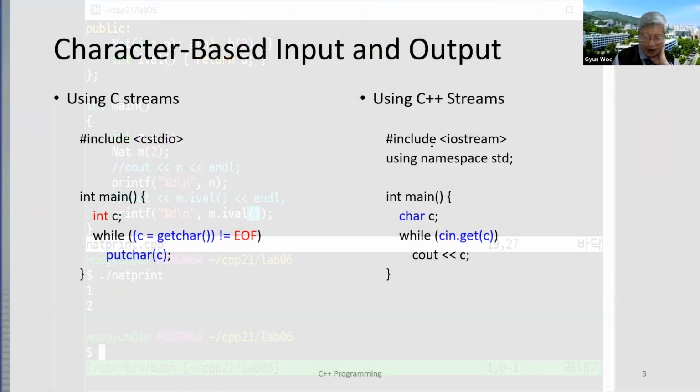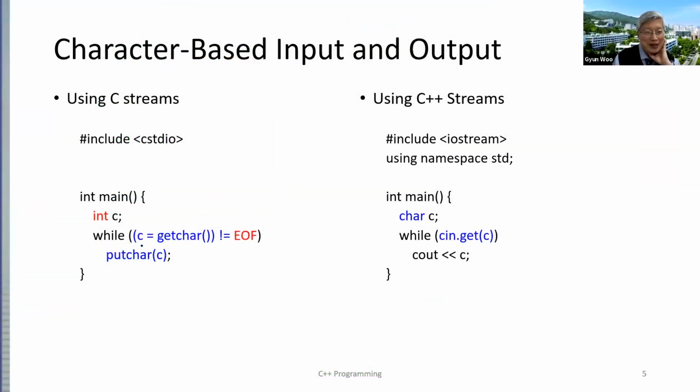In C, you have to accept character-based IO, but you know that getchar may return an error code for the end of file, so you have to supply the variable as an integer, even if the input is a character.